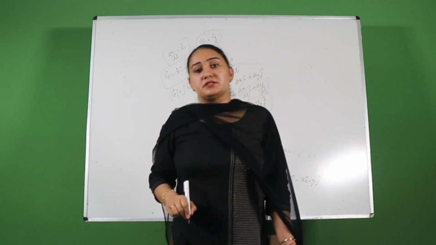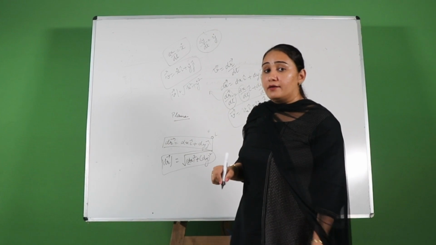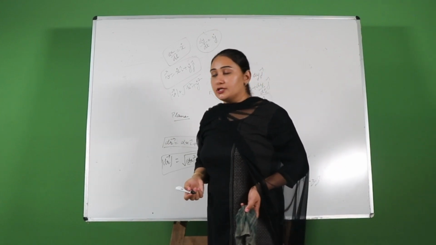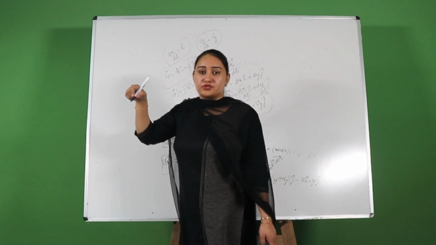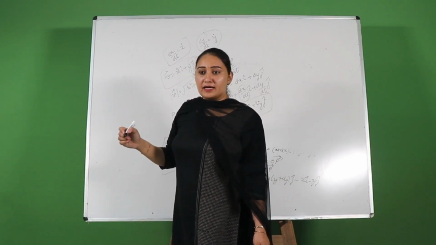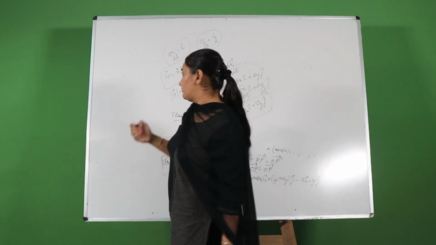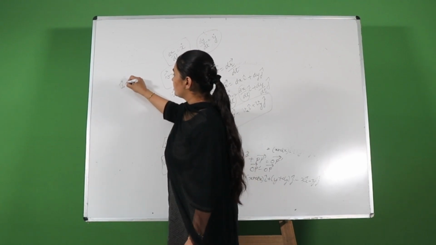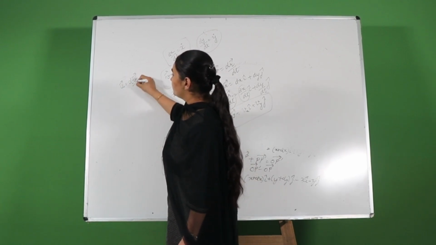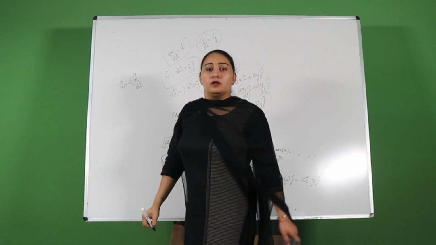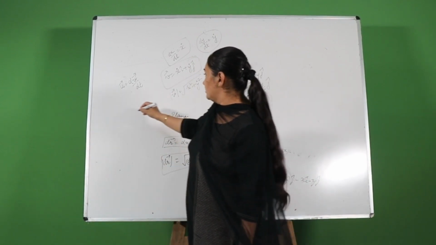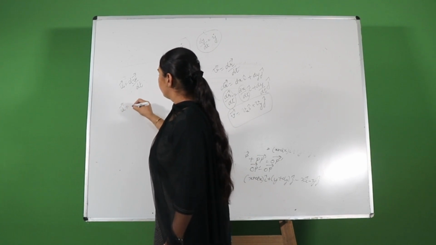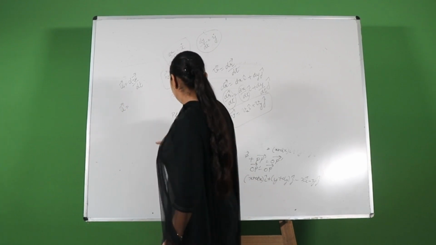Now third comes the acceleration. You know what acceleration is? Like velocity was the rate of change of displacement, acceleration is the rate of change of velocity. So if I put the equation, a will be dv by dt.